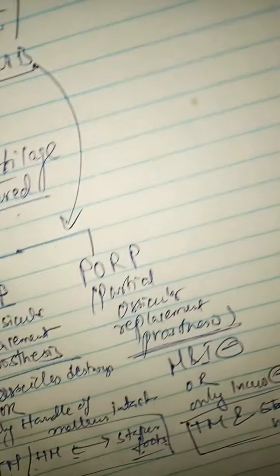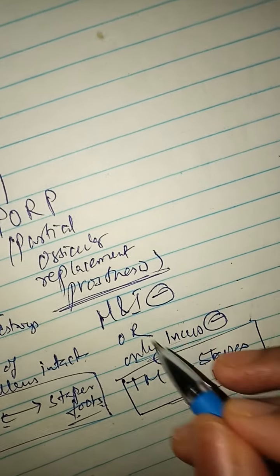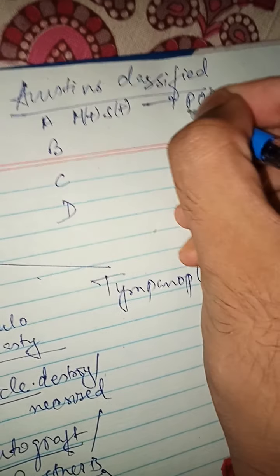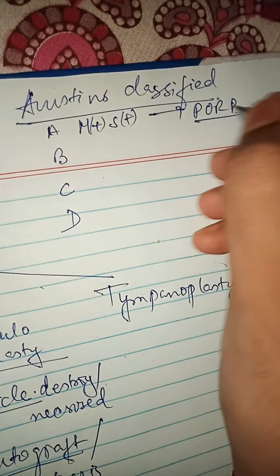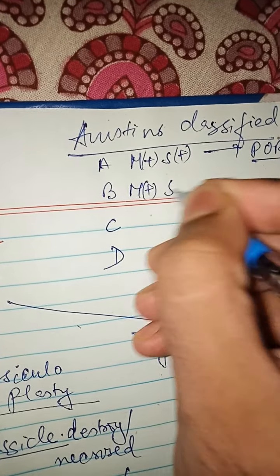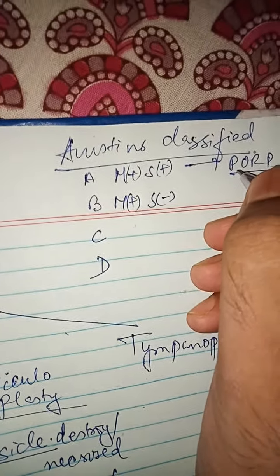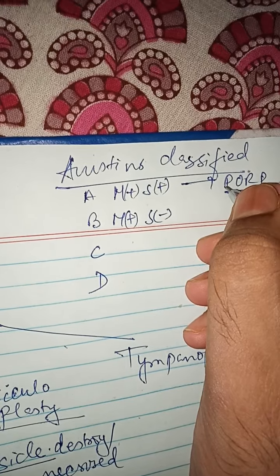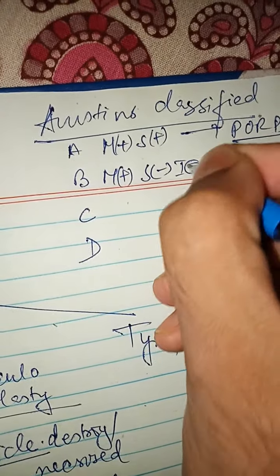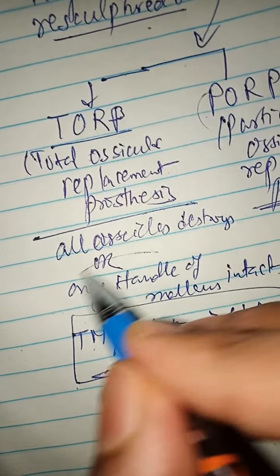So if only incus is absent, we have to do PORP, partial ossicular replacement prosthesis. In type B, if malleus handle is present, stapes superstructure is absent, and incus is also absent, so only the handle of malleus is present, we have to do TORP, total ossicular replacement prosthesis.